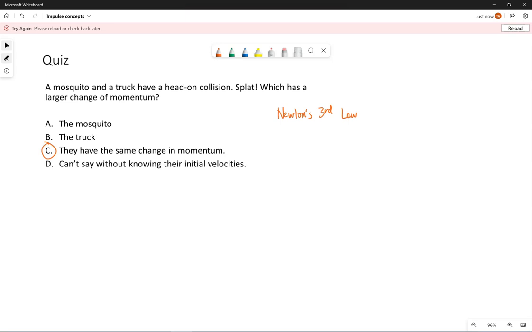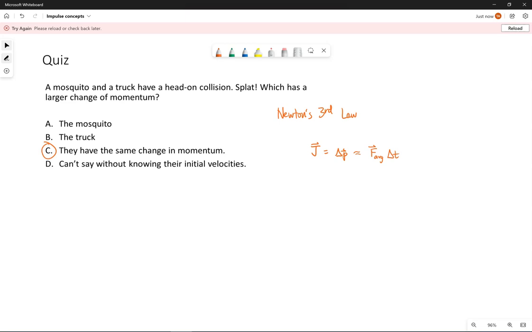So by Newton's third law, they have to experience the same magnitude of force, but to relate that to change in momentum, we do that through the concept of impulse. We know impulse can be calculated as the change in momentum, but it can also be the average force times time.